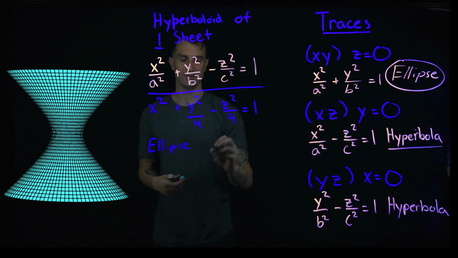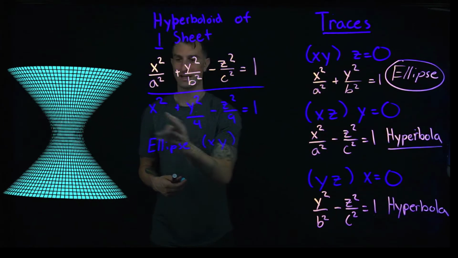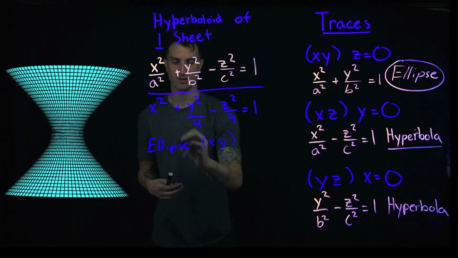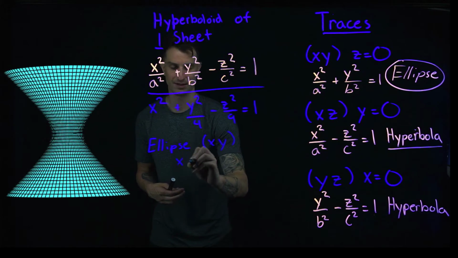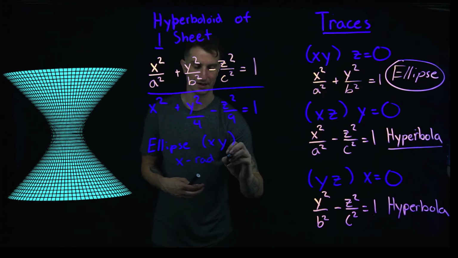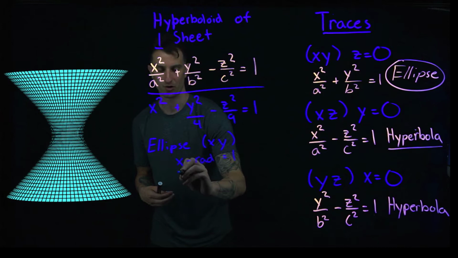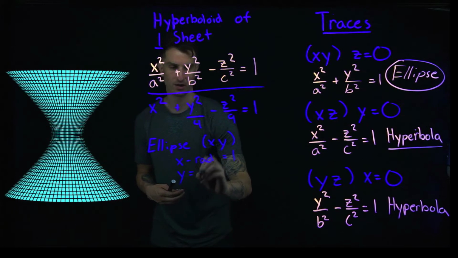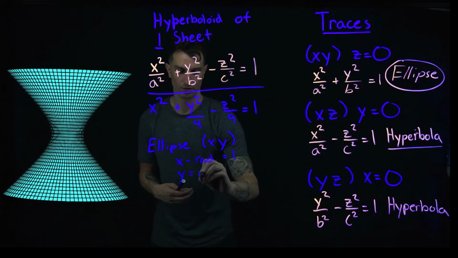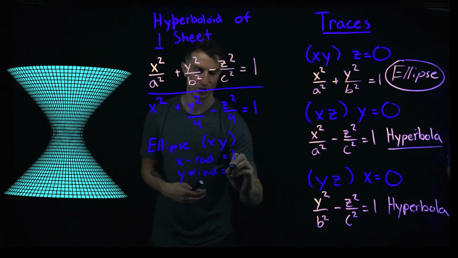So the ellipse here in our xy plane, our radius in our x direction is going to be 1. So let's just write this out. Radius equal to 1 in our x direction, and for our y, our radius will be equal to 2. Equal to 2 in our y direction, right?